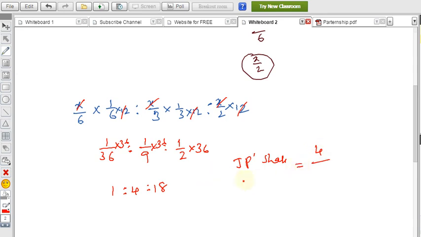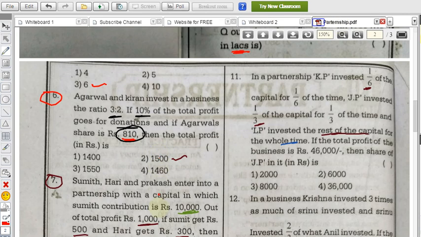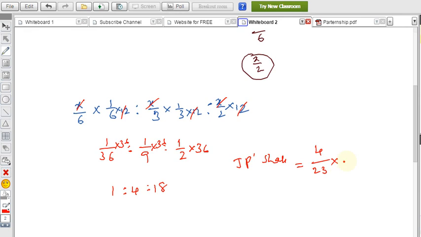JP is the center one, so his ratio is 4. 4 by total 23, into how much you have to divide? What is the profit? The profit is 46,000. Then it easily gets cancelled. 23 ones are 23, 2,000s. So 8,000 is the profit, JP's share.